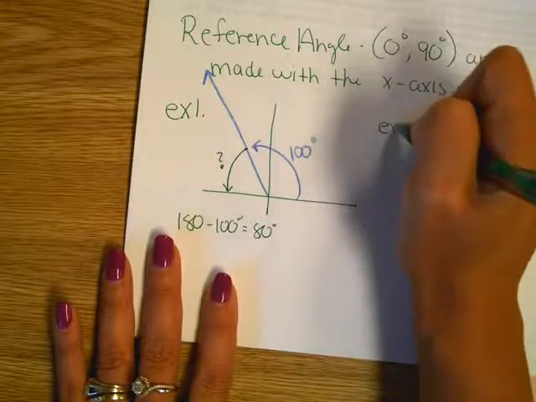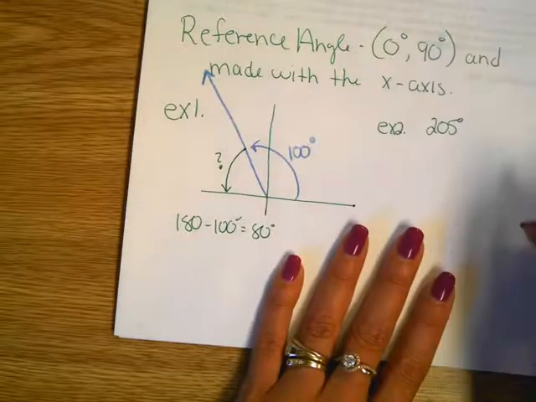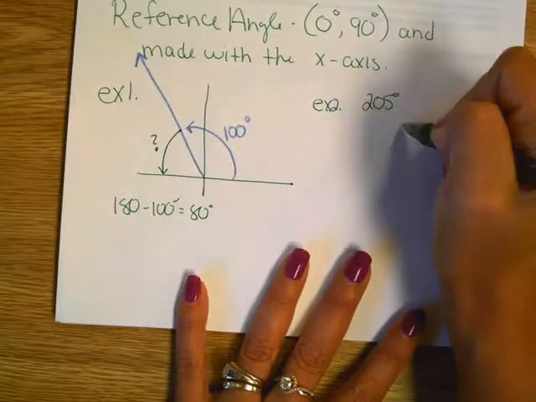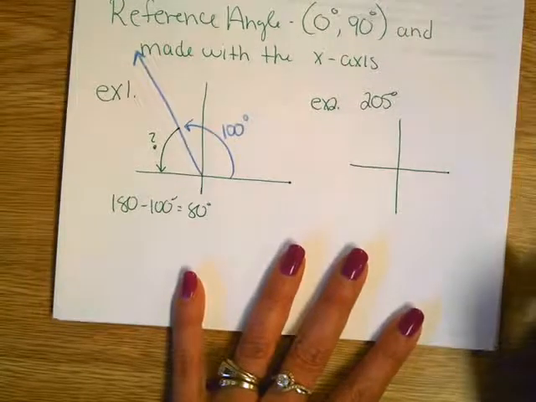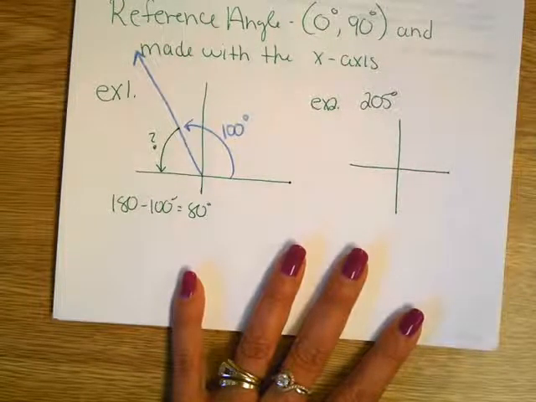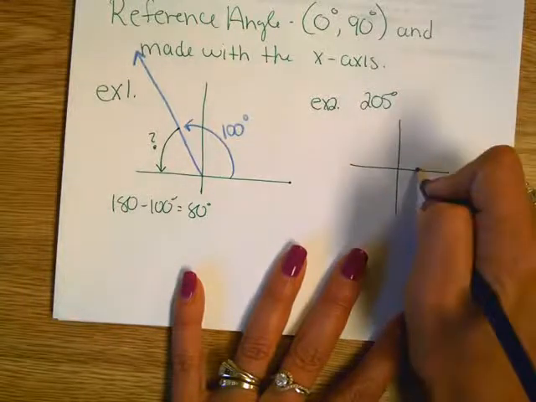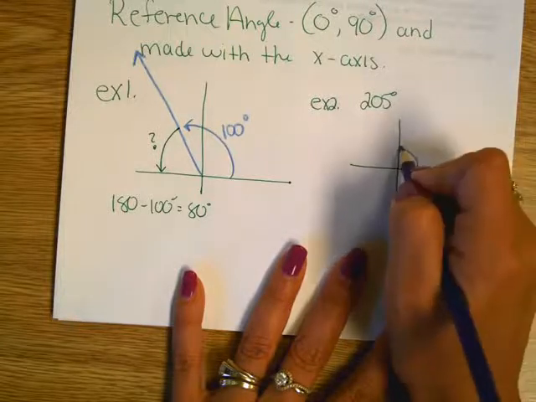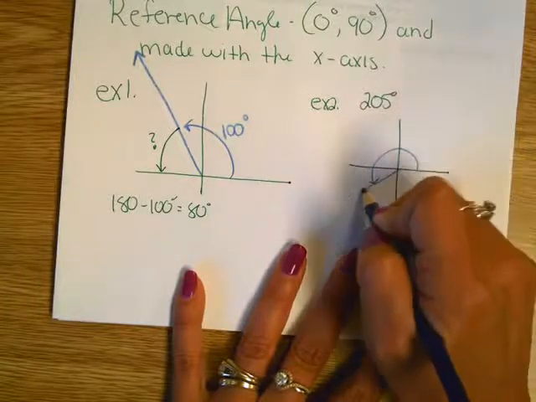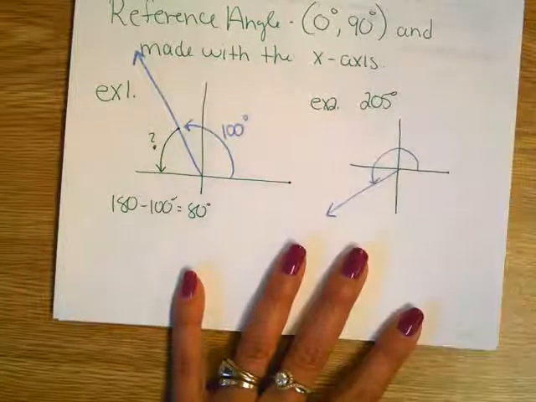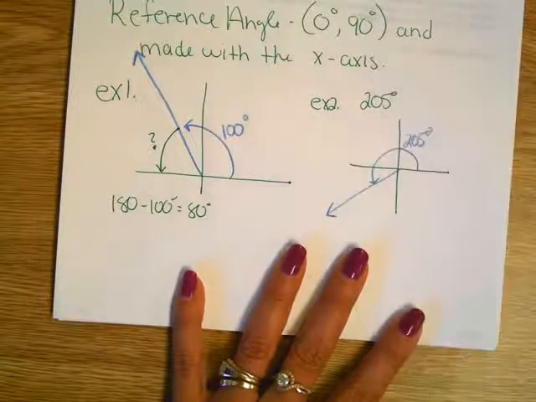Okay. Let's say I give you 205 degrees. Which quadrant are we in? Agree with third? 90, 180, got to go a little bit more. So that's 205. We're trying to find the reference angle.